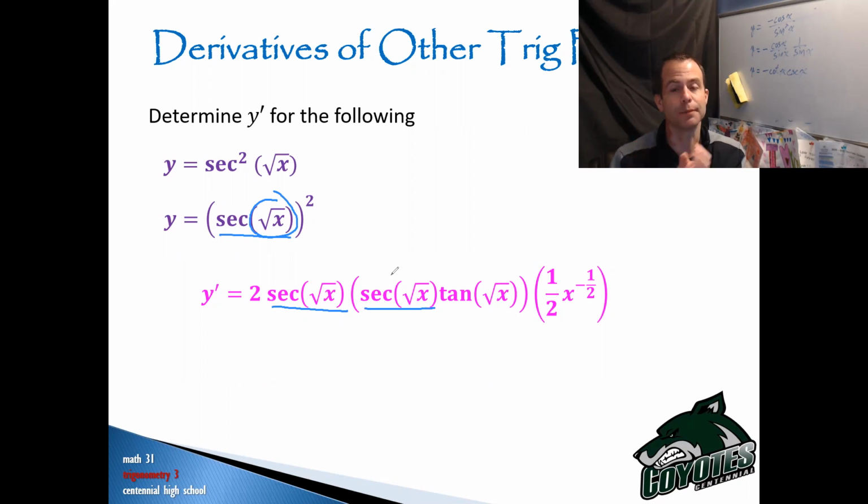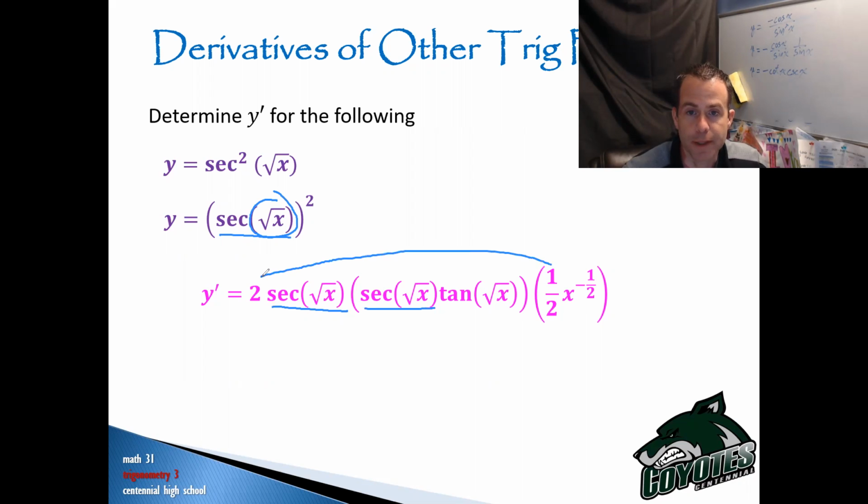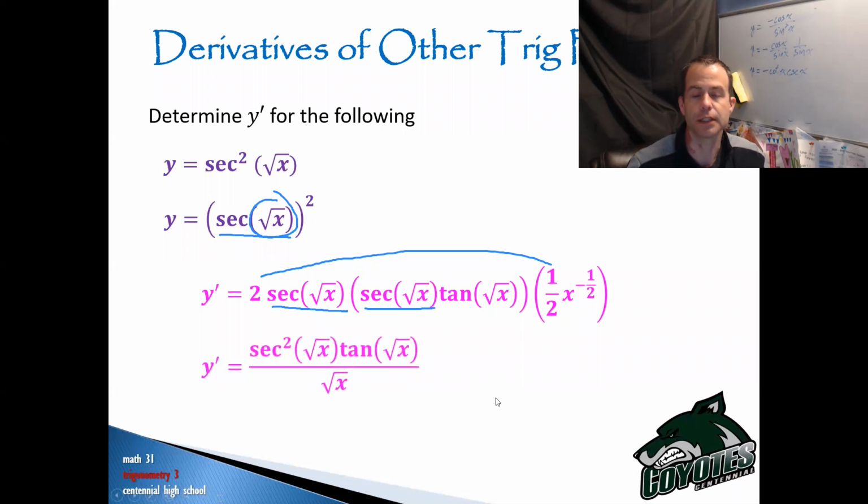The reason I can multiply these together is that they're both secant of root x, so secant of root x times secant of root x gives me secant of root x all squared. Then the 1/2 multiplies by the 2, so that's just a 1, and the x to the negative 1/2 will be root x on the bottom. So I believe I have everything cleaned up there for you.